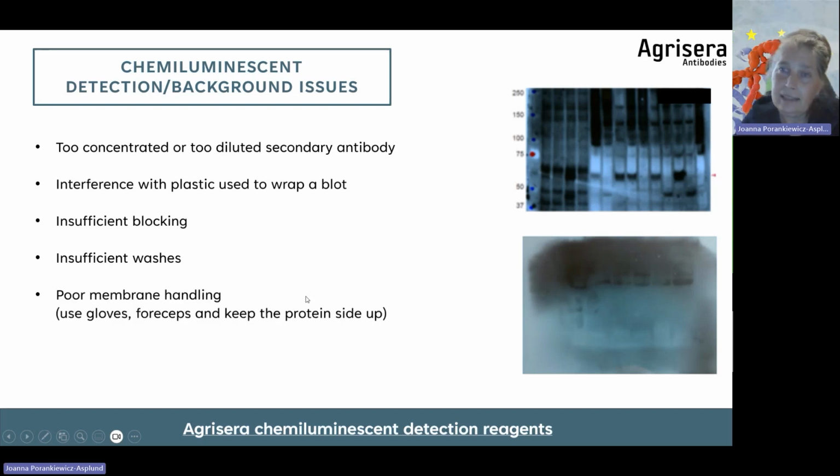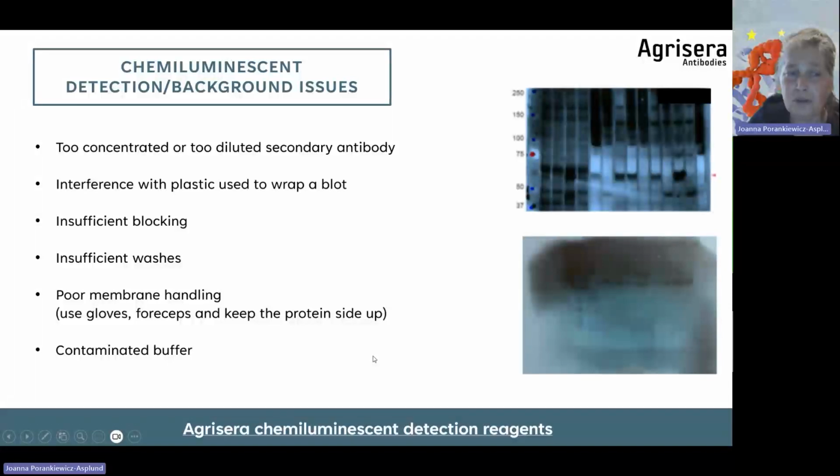Poor membrane handling can also contribute to background issues. So you need to use gloves, forceps with flat ends, and always keep the protein side up. And how do you know where the protein side is? You know it by cutting off the corner of a membrane after taking the membrane from the sandwich.